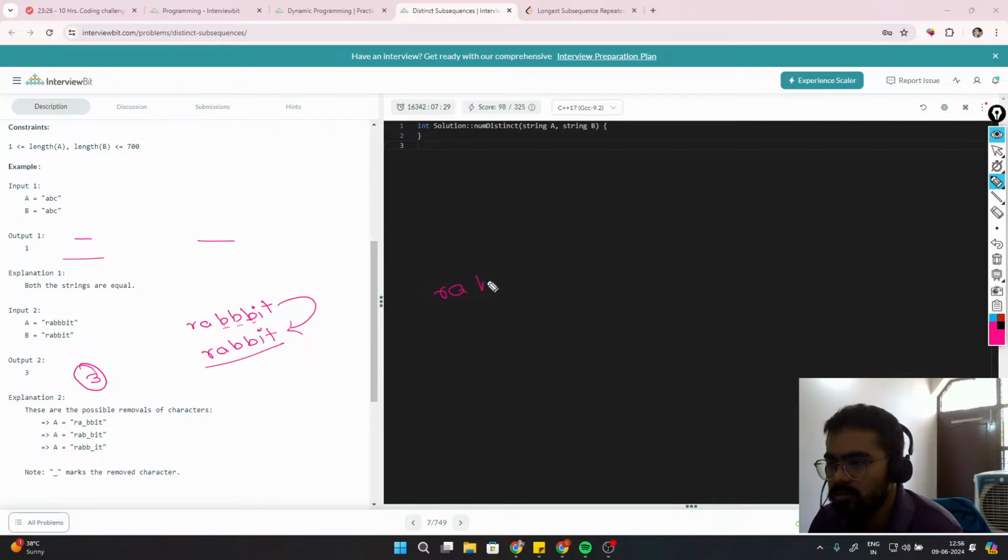What I can do here is, see this has a length of 7, 1, 2, 3, 4, 5, 6, 7. This has a length of 6. We know that we need to remove one character, since the difference is 1.